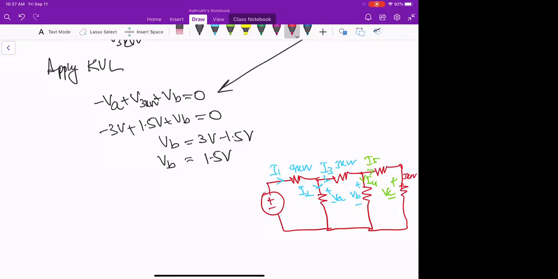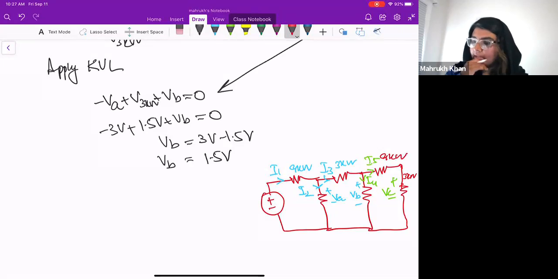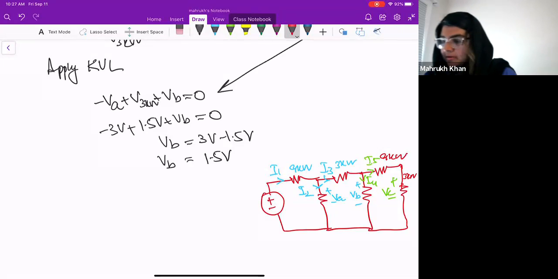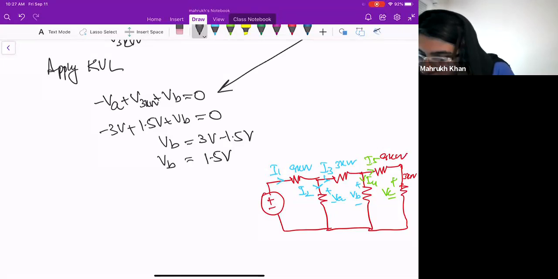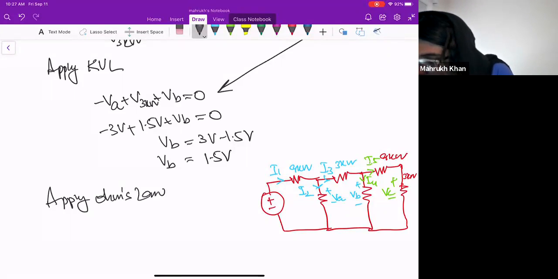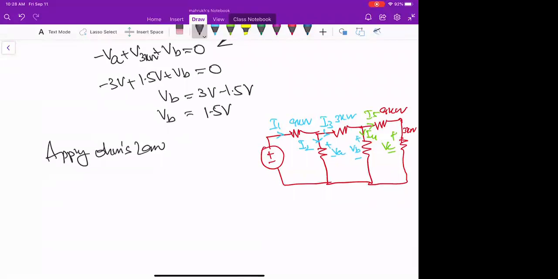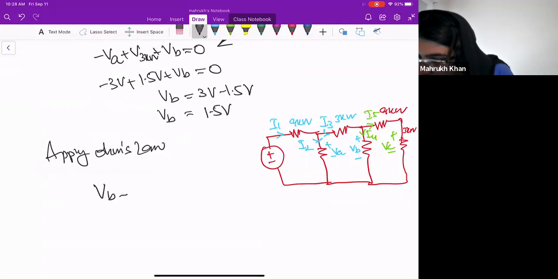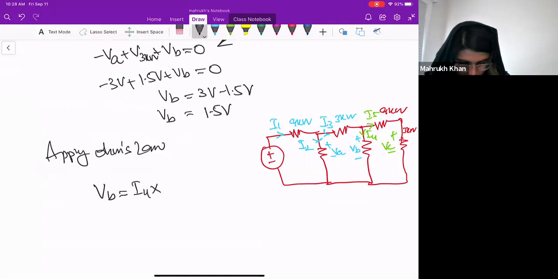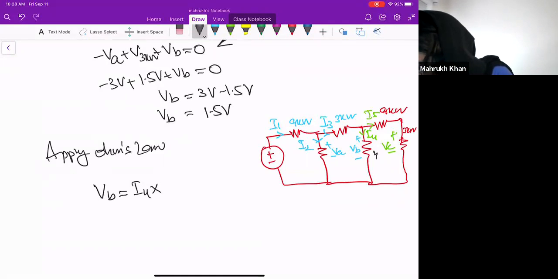Yeah. So now we got VB. Now we will find I4, applying Ohm's law. So VB is I4 into, what is this resistance? 4 kilo ohms, right?